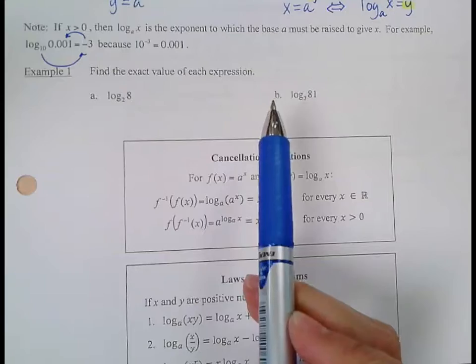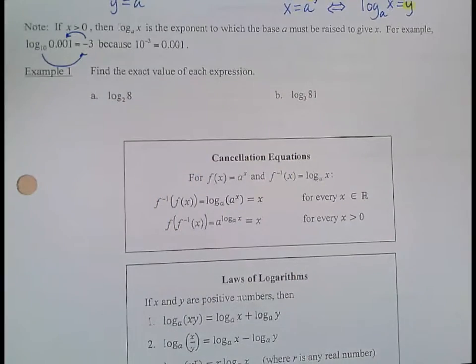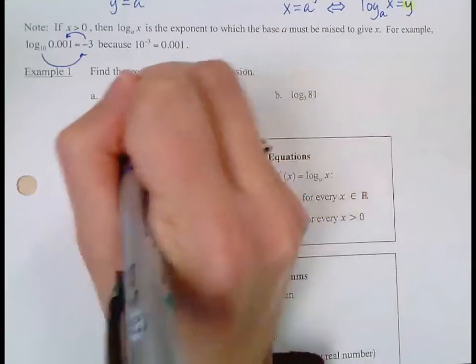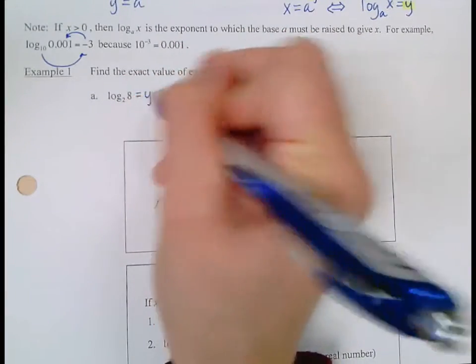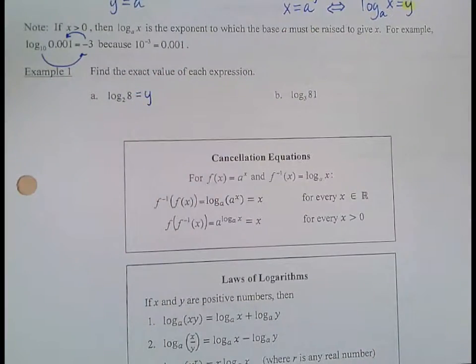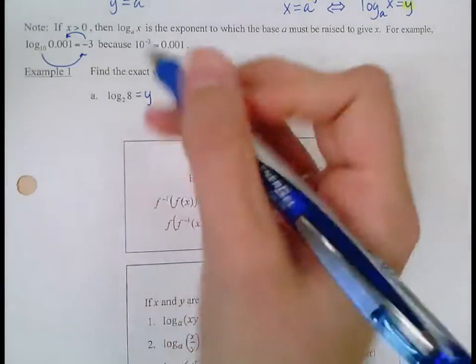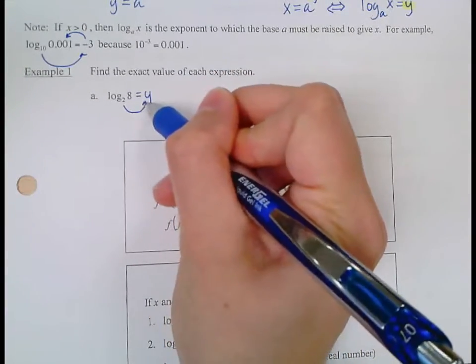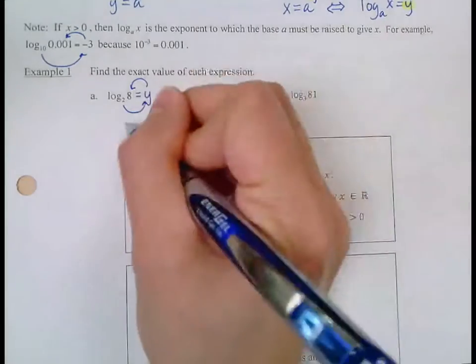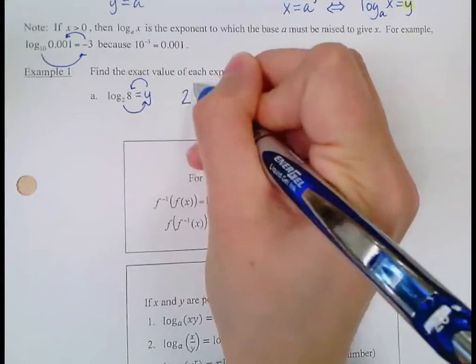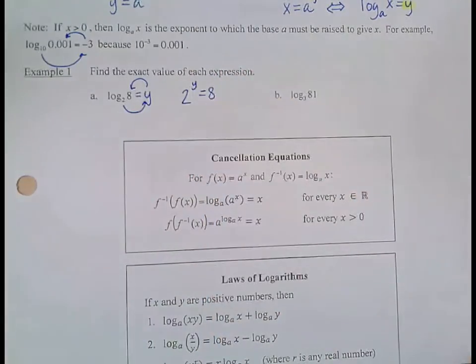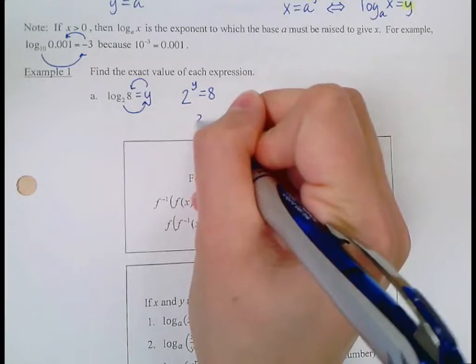So I do have two examples here. I'll find the exact value. So log base 2 of 8, I could even say equals y or equals whatever. So what I'm looking for, 2 to what power would equal 8, is what this really means. 2 to the y power is equal to 8, and I need to figure out what that power is. So what is y? 3. So this logarithm would be equal to 3.